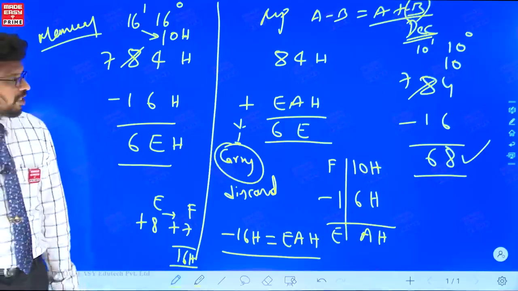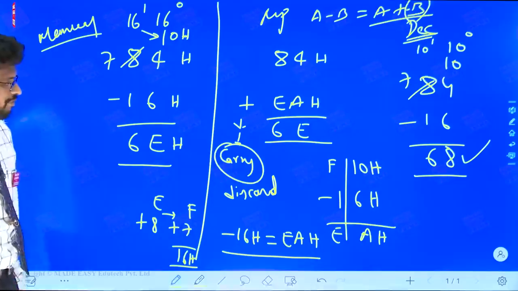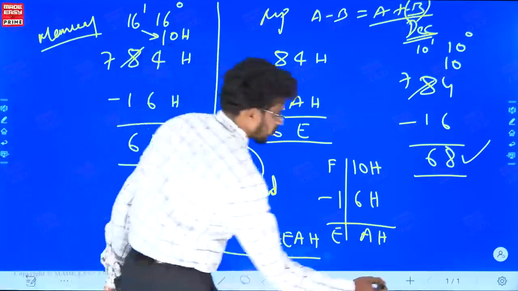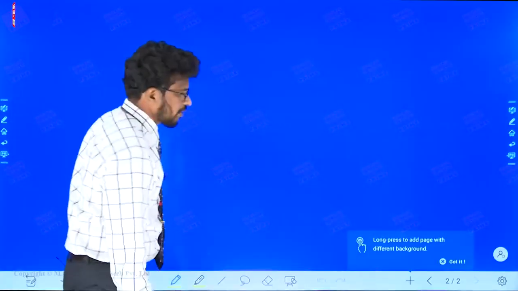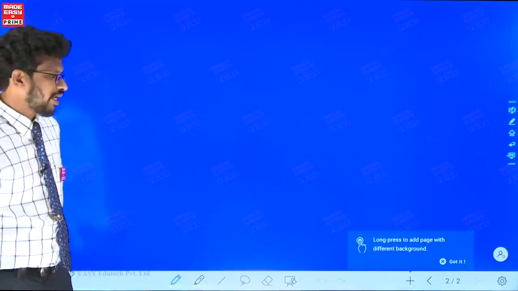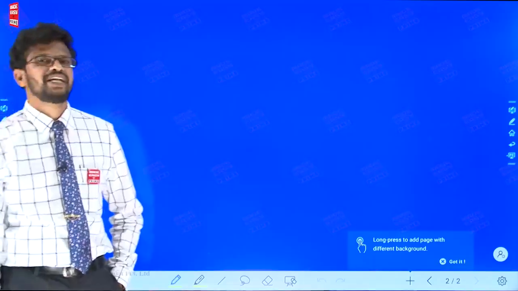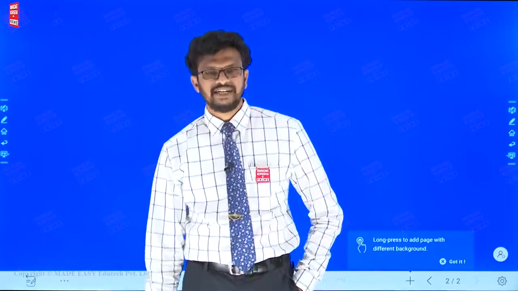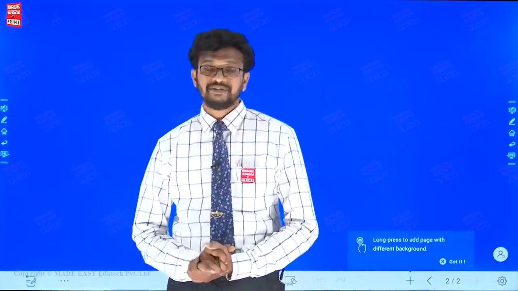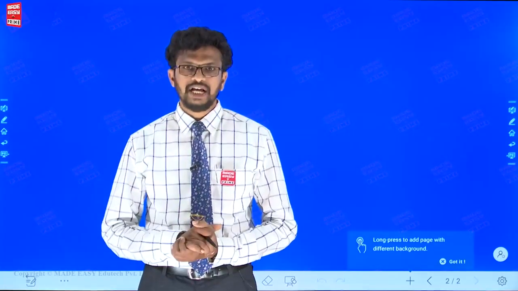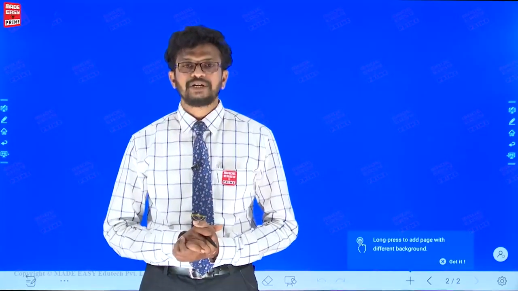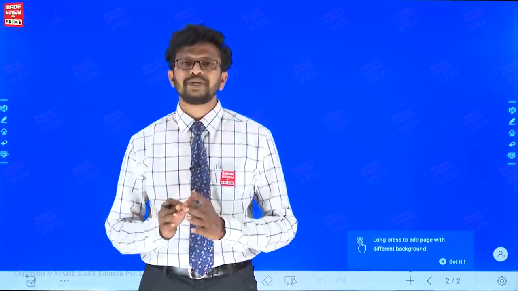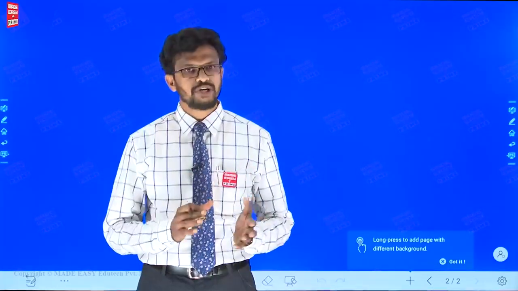Okay. Now let's go for the other notation of signed data. By now, I hope you have understood very clearly the meaning of signed and unsigned data. For unsigned data, there is no need to check the sign of the number. All the bits are considered as magnitude. In signed representation, you can have the sign and magnitude method, the 1's complement method, or the 2's complement method.